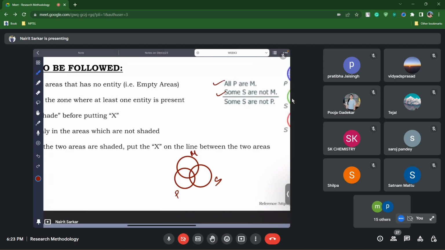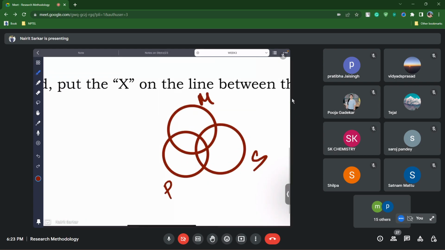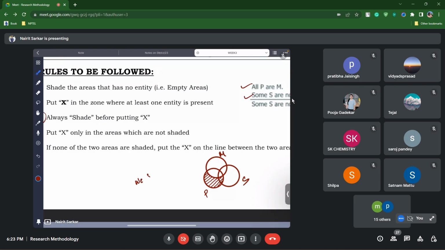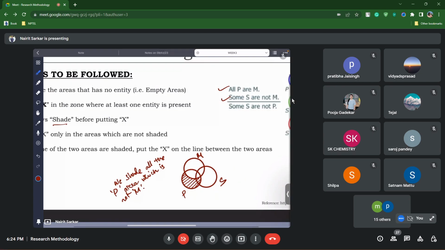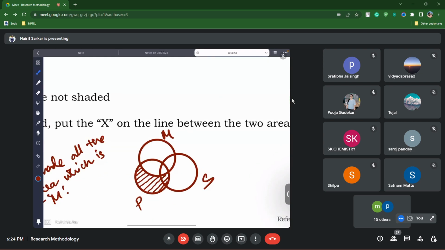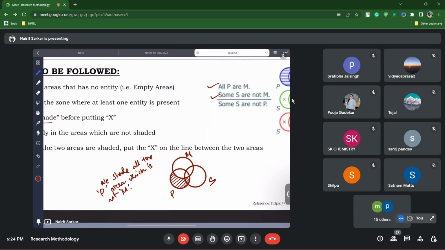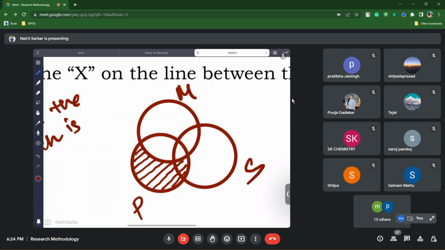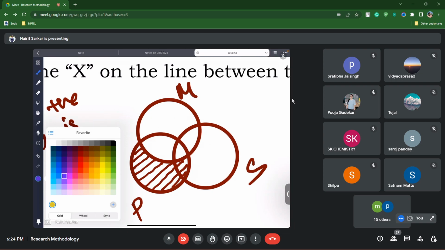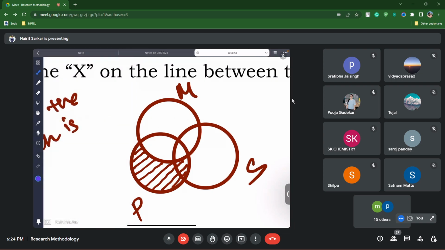So first you shade: all P are M, so you shade the areas that are empty, the entire P area which is not M. After shading, always shade before putting X. Then it is some S are not M. So there is an S which is not M. You can put an X here or here, right?